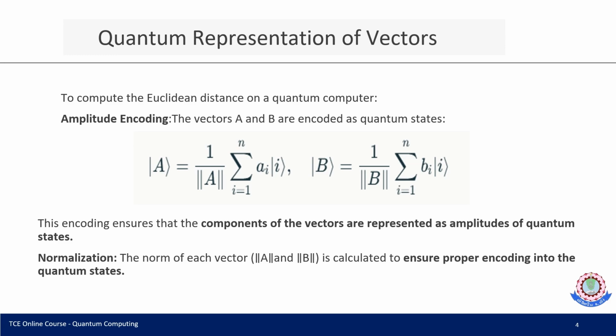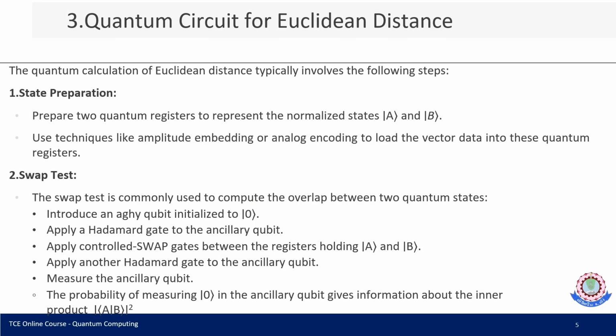This encoding ensures that the components of the vector are represented as amplitudes of quantum states. In the case of normalization, the norm of each vector A and B is calculated to ensure proper encoding is introduced in the quantum circuit for Euclidean distance.